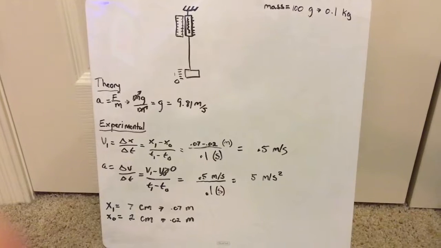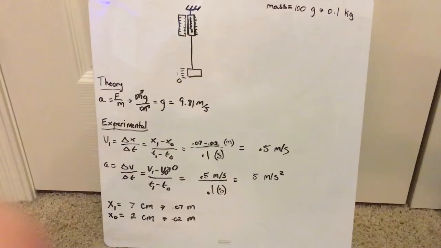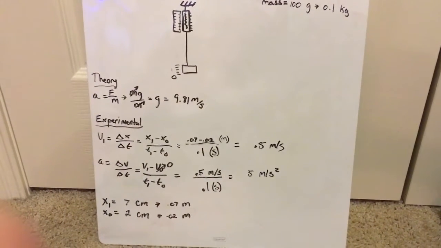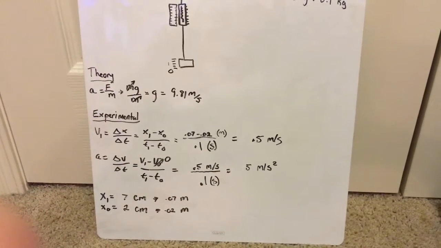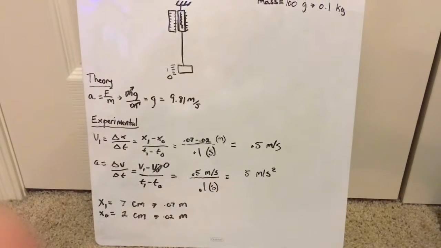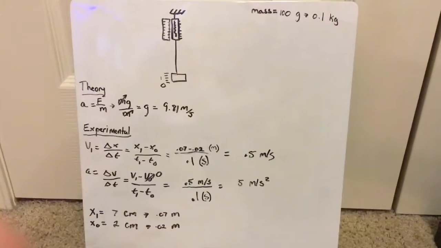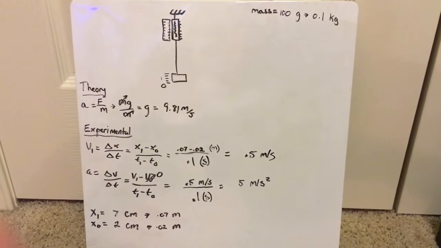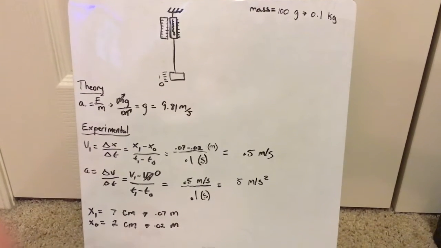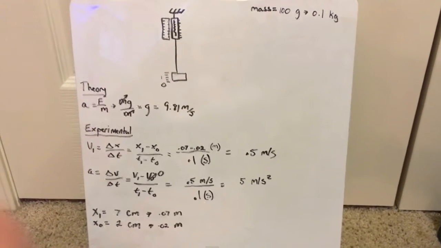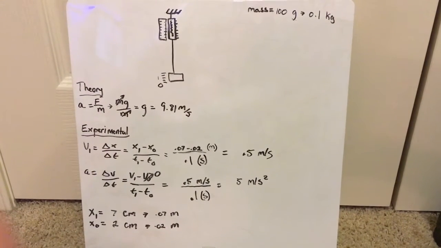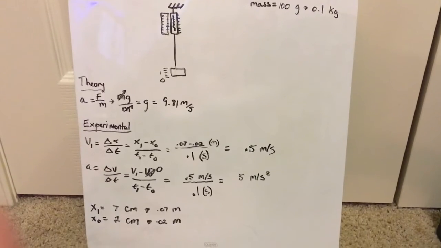This time it was 0.1 seconds, and we were able to find the acceleration is 5 meters per second squared compared to 9.81 meters per second squared. Again, it's different because the mass is less, and it's still wanting to accelerate downward whenever it's being dropped, but it rebounds back up, so that's what the difference is.